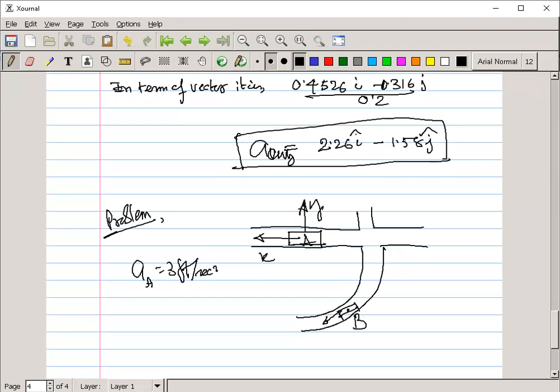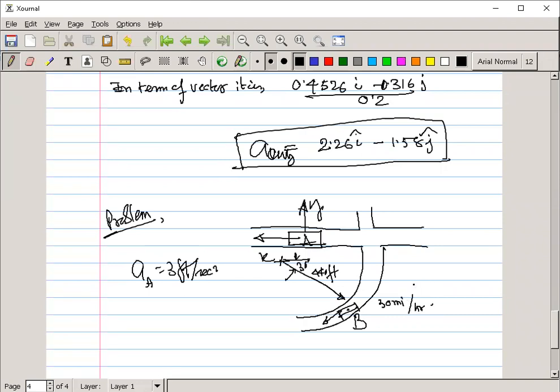The curvature has a 440 feet radius, and this angle which they have shown is 30 degrees. The speed of car B is given as 30 mile per hour.